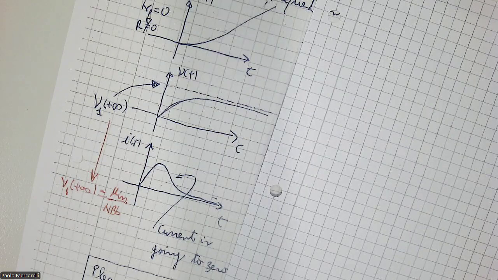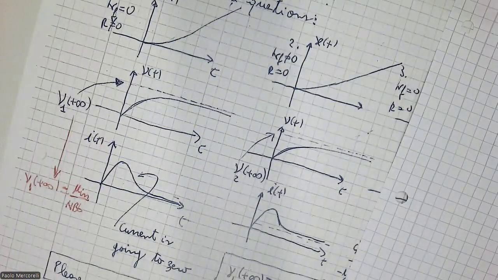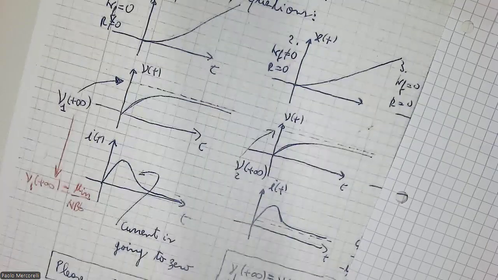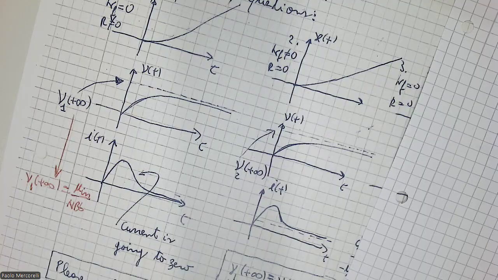What happens now? Kf is not zero, but R is zero. Again, look here. Why now we have a current which is not zero?